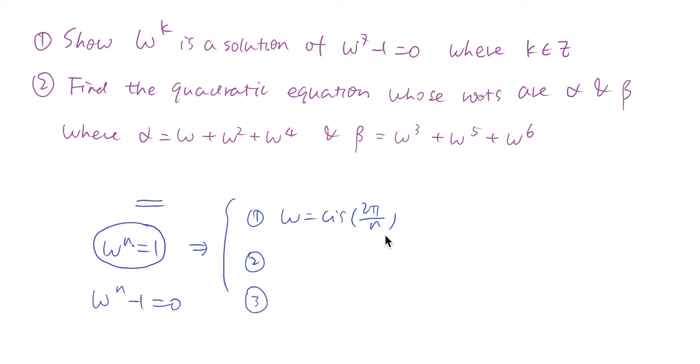The second is the sum of all the roots equals 0, so 1 plus w plus w squared plus and so on up to w to the power of n minus 1 equals 0. And also because w is a solution, when you substitute w into the equation, you have w to the power of n equals 1.